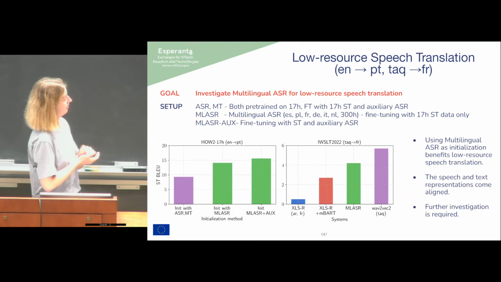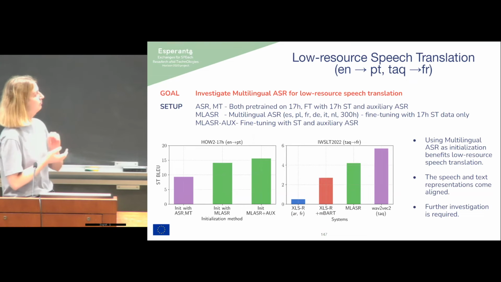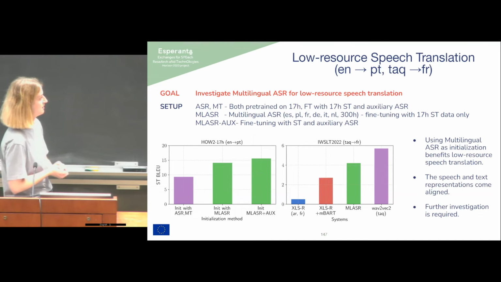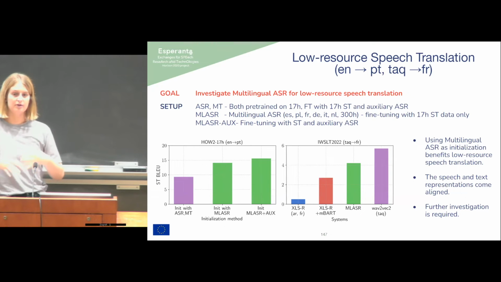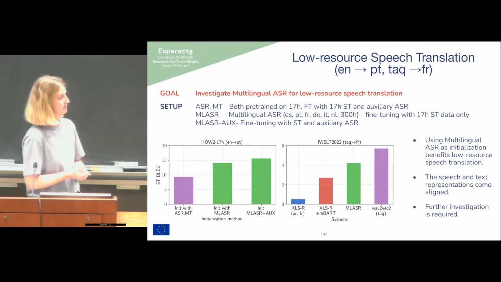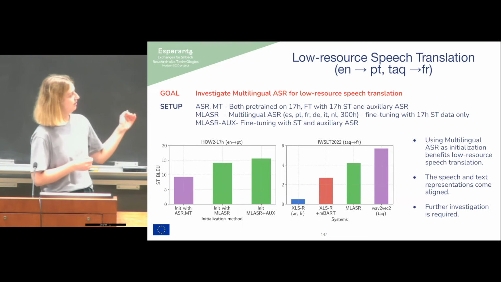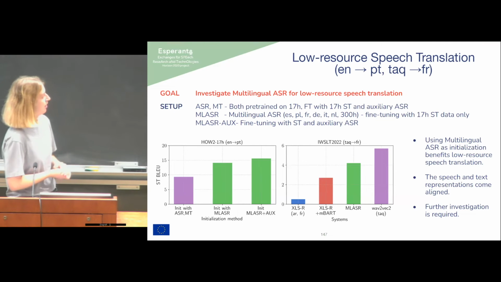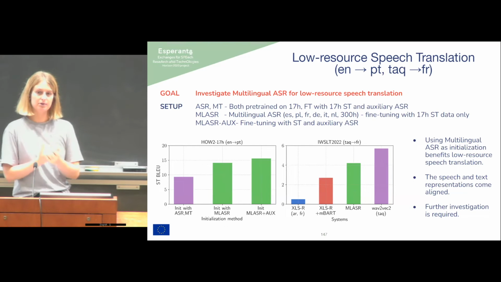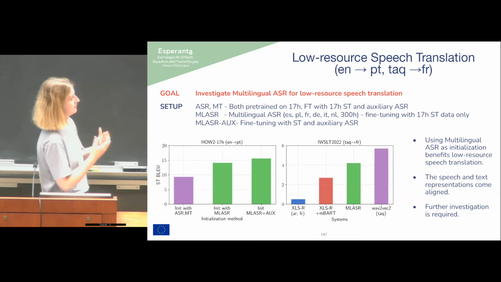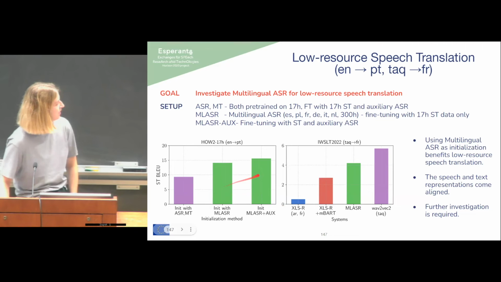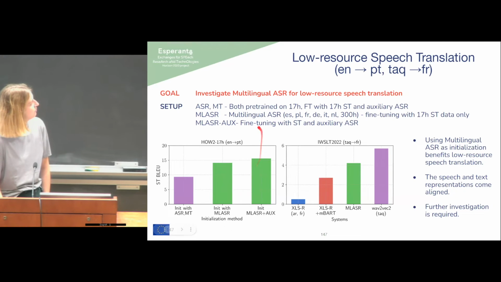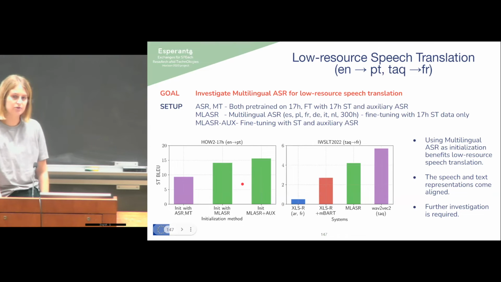For the next system, we use a multilingual ASR system trained on 5 languages, and we fine-tune only on 17 hours of speech translation data. And for the last system, instead of using only speech translation data, we only use auxiliary ASR data. And as you can see on the graph on the left, we clearly see that using this multilingual ASR system is really beneficial for low resource speech translation.